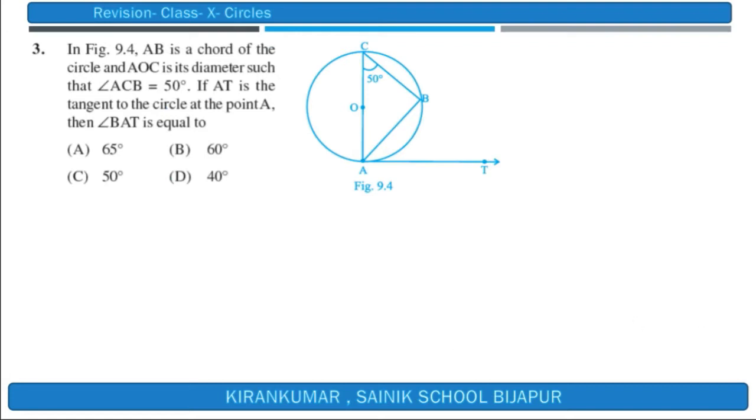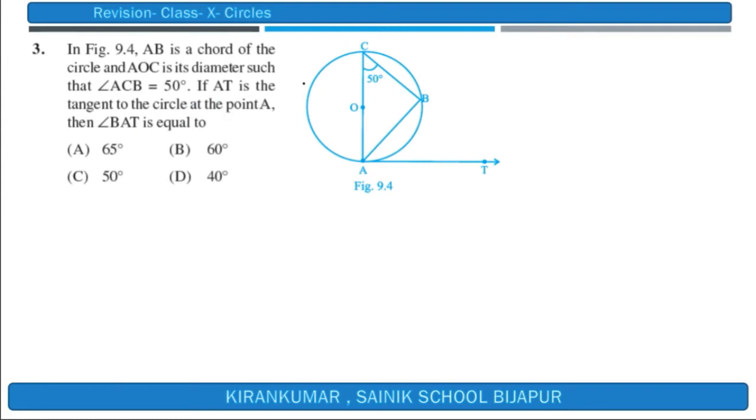Question 3. In figure 9.4, AB is a chord of a circle and AOC is its diameter such that angle ACB equals 50 degrees. If AT is the tangent to the circle at the point A, then angle BAT is equal to what?